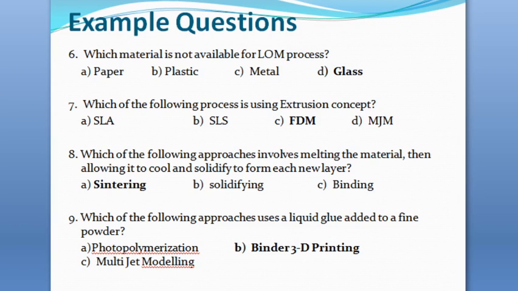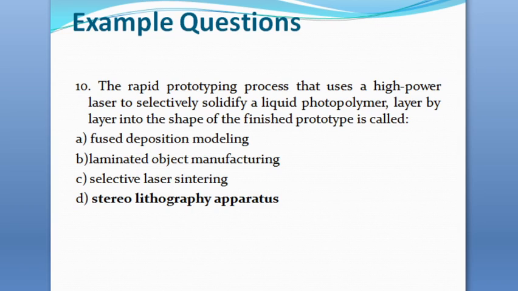Ninth one: which of the following approaches uses a liquid glue added to fine powder? Photopolymerization, binder 3D printing, multi-jet modeling. Binder 3D printing uses the liquid glue added to the powder.